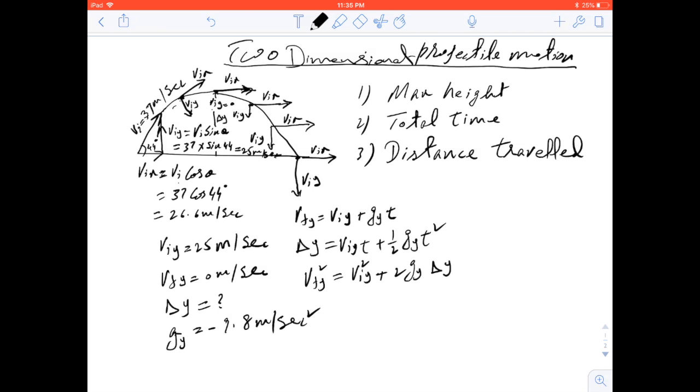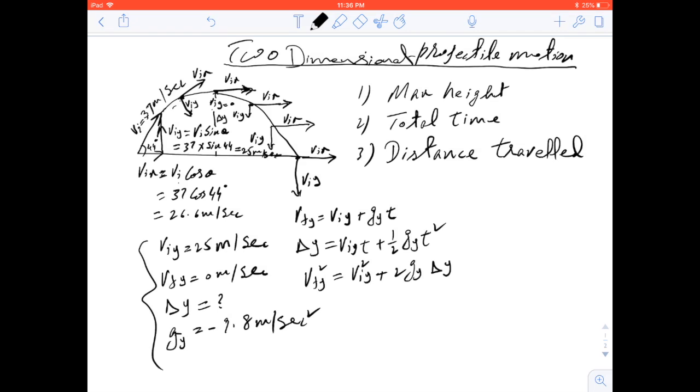If we take a closer look at our data, we have the initial velocity of the y component, the final velocity of the y component, the height we need to calculate, and the acceleration due to gravity, which we have taken negative because it is directed towards the center of the earth.